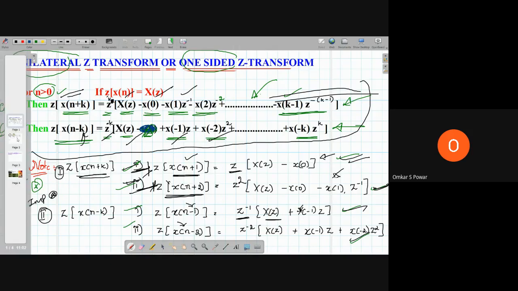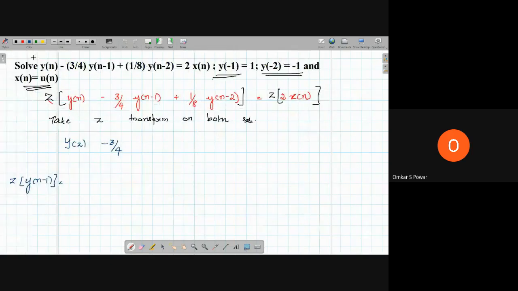I'll write the formula again so that you can understand things better: the Z transform of x(n minus 1) is equal to z to the power of minus 1 into X(z) plus x(minus 1) into z.